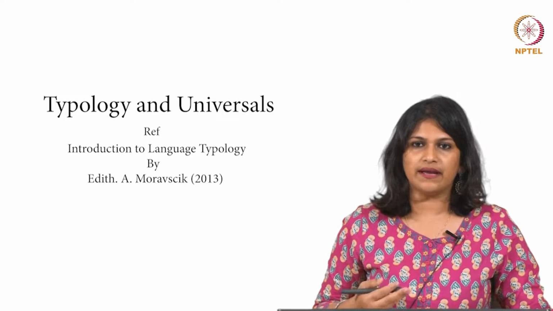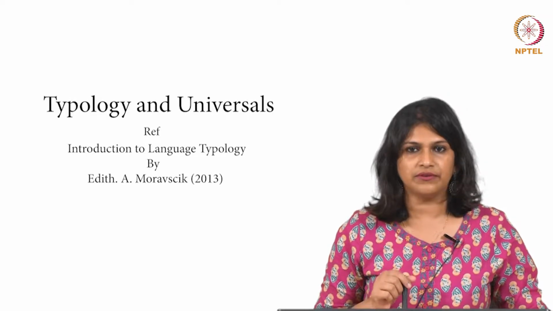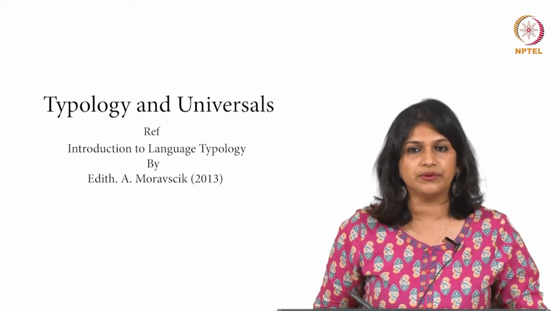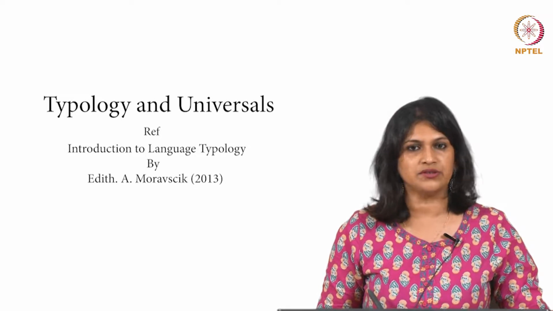Before I lead you through the different kinds of universals that we have, I would like you to know what methodological approaches linguists have taken so far to understand language universals.